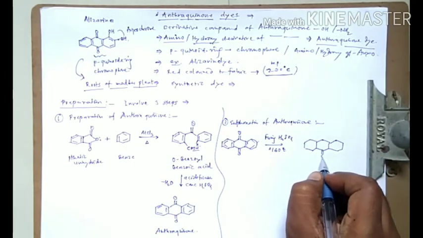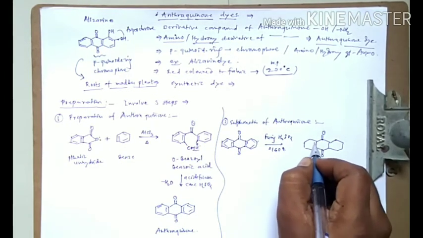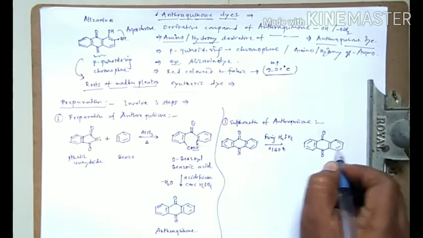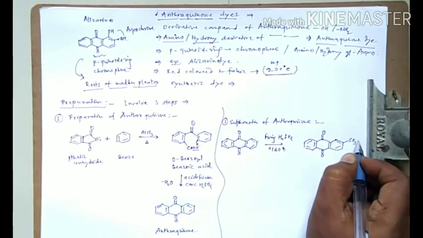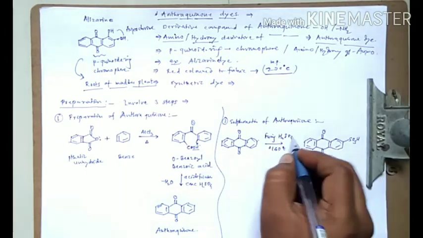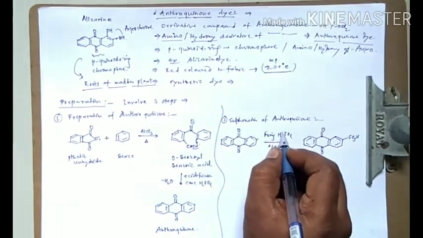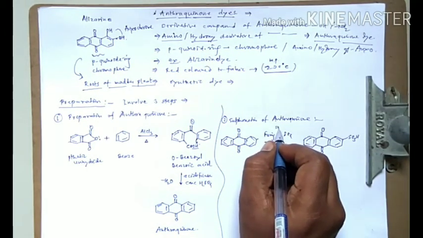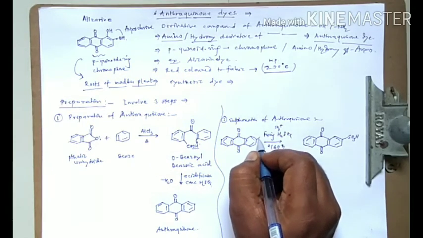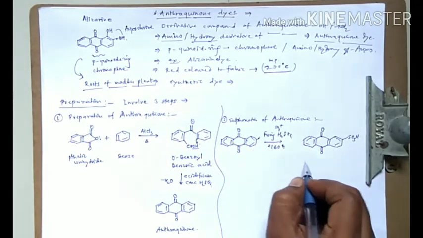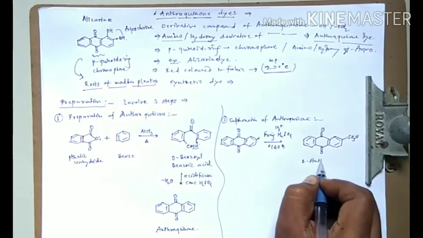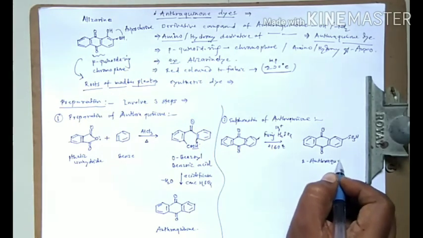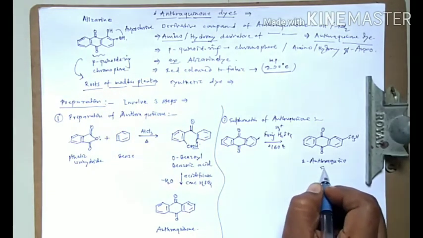Sulfonation is nothing but an electrophilic substitution reaction. So this is the position where the sulfur trioxide group, SO3, attacks as an electrophile. It will attack at this second position, and you will get 2-anthraquinone sulfonic acid.